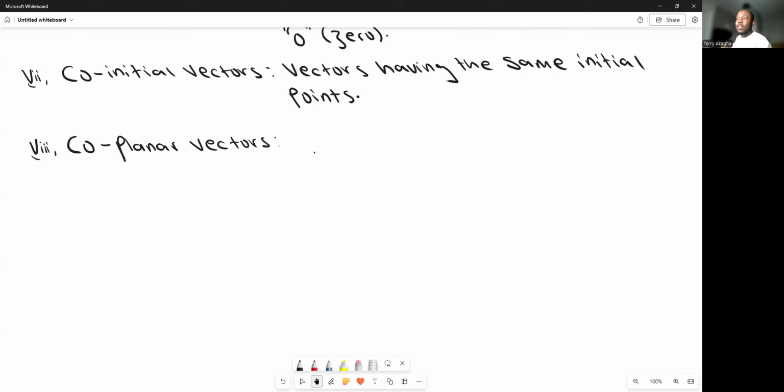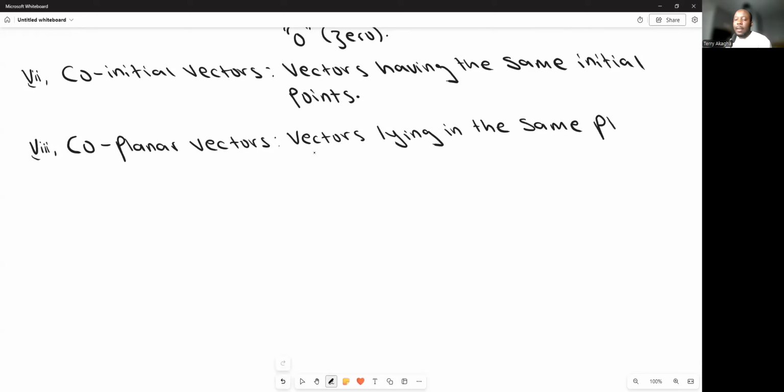So the coplanar vectors, these are vectors that are lying in the same plane or parallel to the same plane, okay? So these are vectors that are lying in the same plane, or parallel to the same plane.